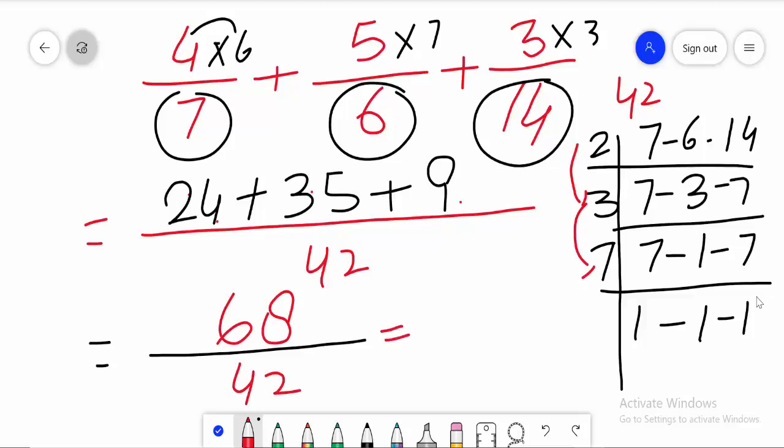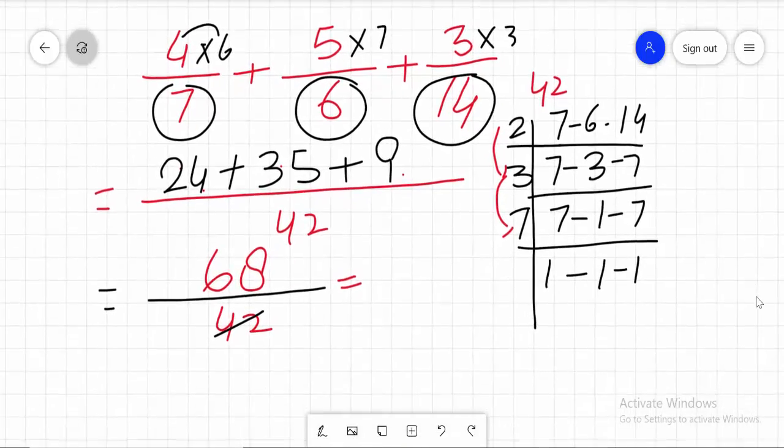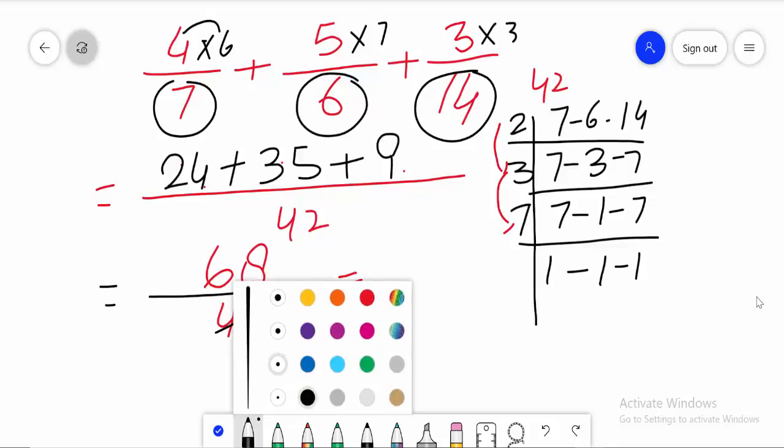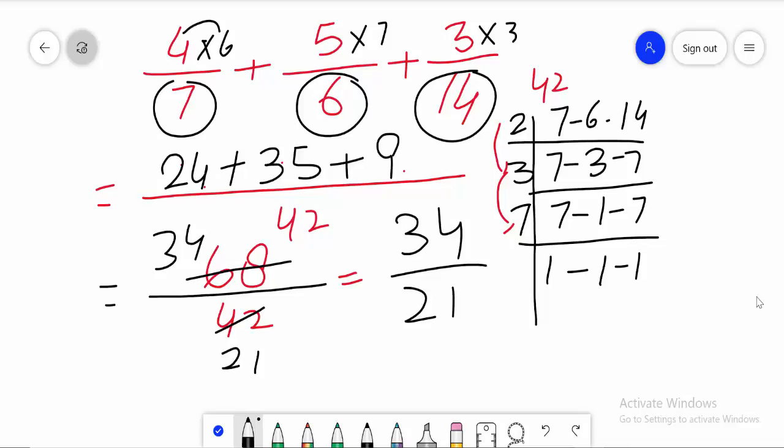Now we can divide this value by 2. 2 2s are 4, 2 1s are 2, 2 3s are 6, 2 4s are 8. So 34 over 21 is the answer of this fraction. Further we can process it to write in mixed fraction, but I'm not proceeding further.